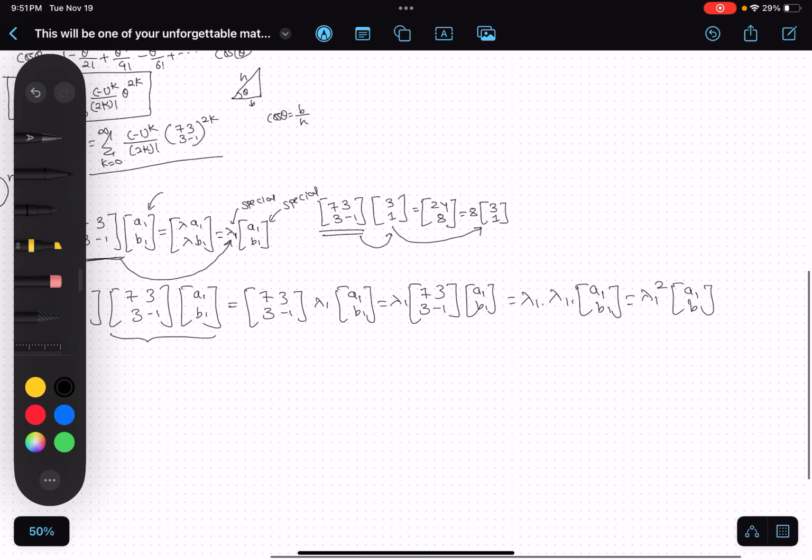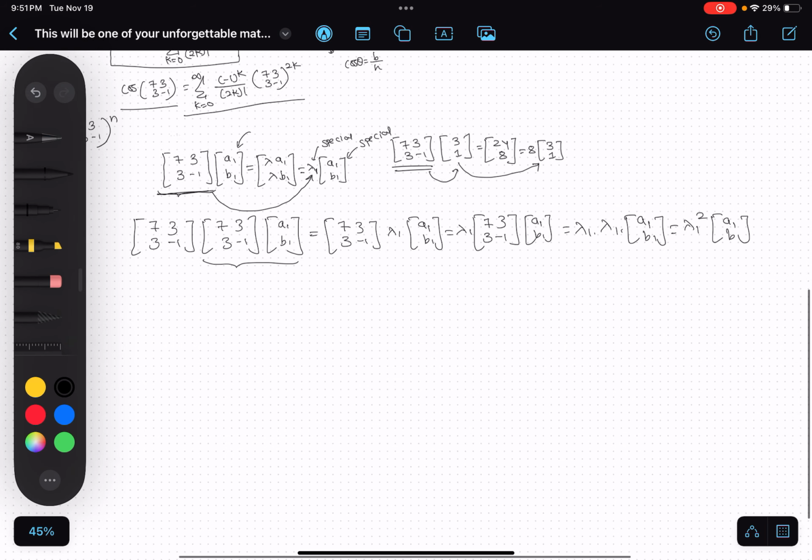So we saw that if we have two such matrices being multiplied, this will just be the same as lambda 1 square times a1 b1. You saw that? That's pretty beautiful. Again, if you introduce another such matrix being multiplied, this will just be lambda 1 cube.